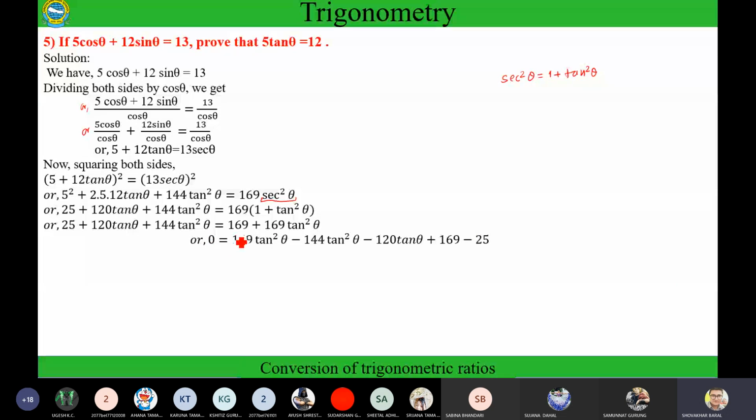I am shifting all the terms to the right hand side because the bigger numbers are on the right hand side. I am moving toward the bigger number. 169 tan square theta, the square one first, minus 144 tan square theta minus 120 tan theta. If it is shifted to the other side, it will be minus 120 tan theta plus 169 minus 25.